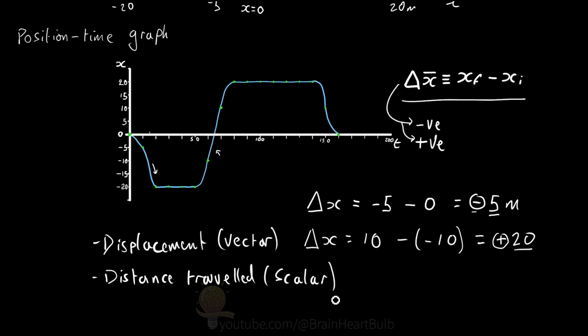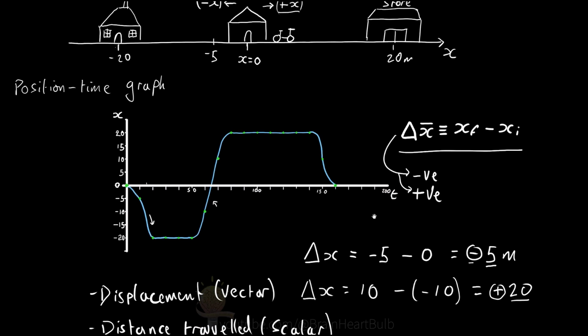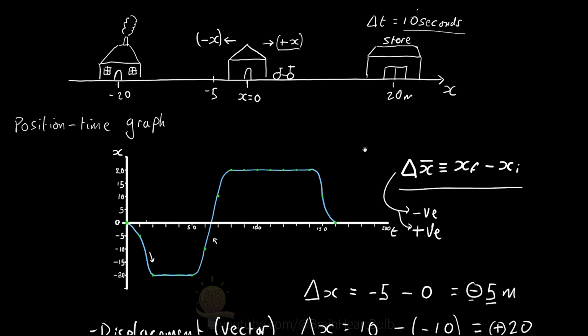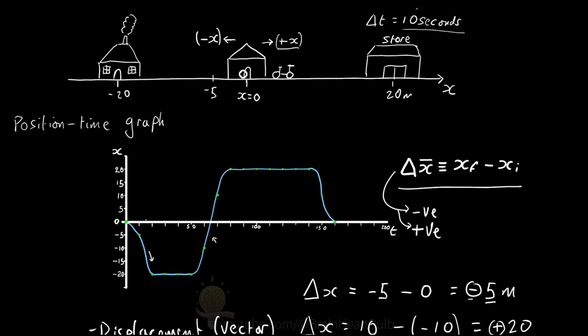Now, distance is the length of the path travelled, irrespective of the direction. So if we take my journey, for example, we know that we travelled 20 meters towards the left-hand side, then we travelled 40 meters towards the right-hand side, then we travelled 20 meters again towards the left.